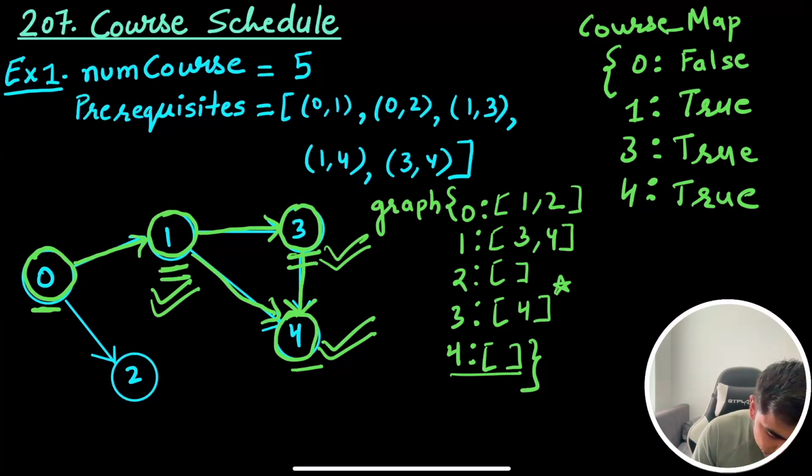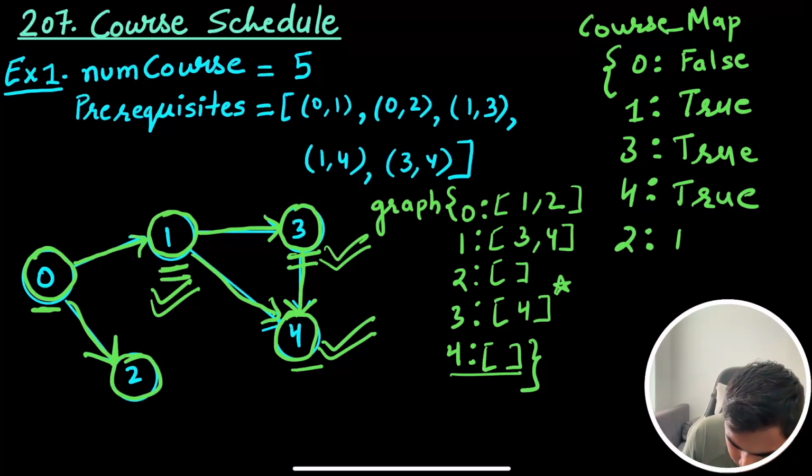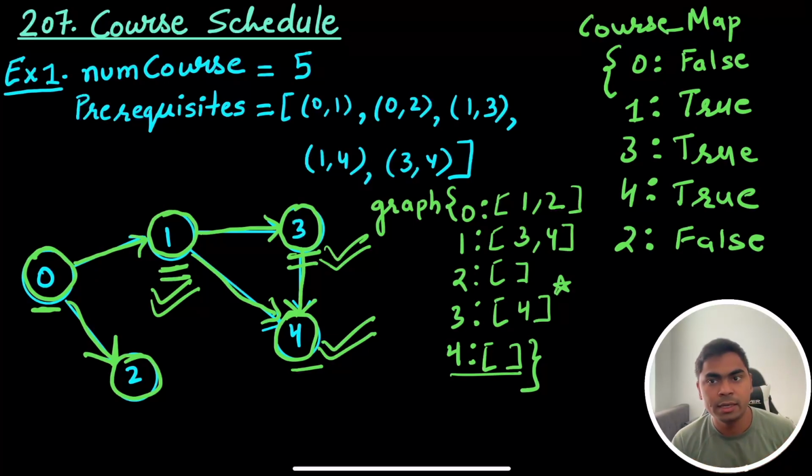0 has one more neighbor to explore, which is 2. So here I'm going to start visiting 2. Initially I'll mark that false. You remember the process. This is a really important flow of DFS, and I think it's used in a lot of problems. So I'm trying to visit 2, mark it as false.